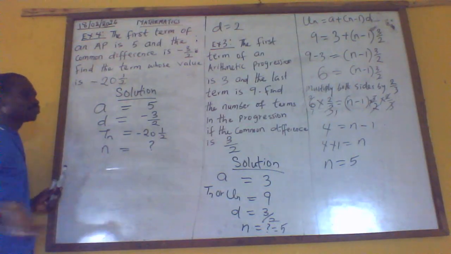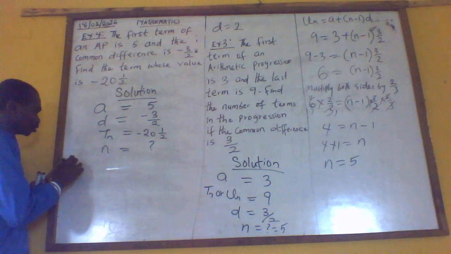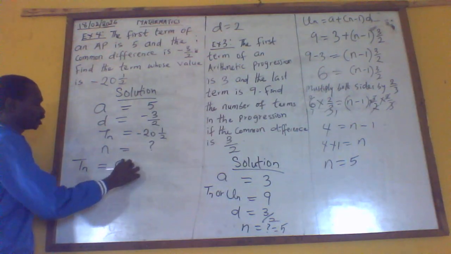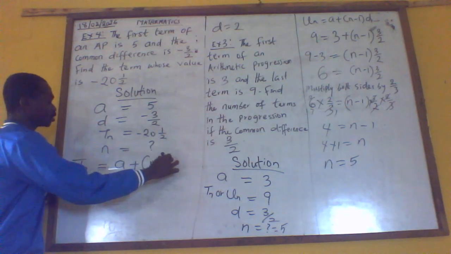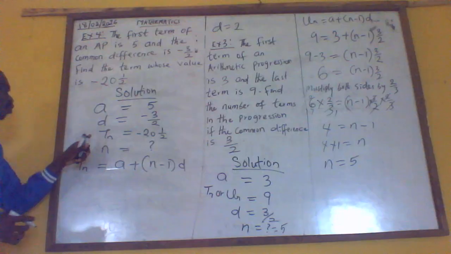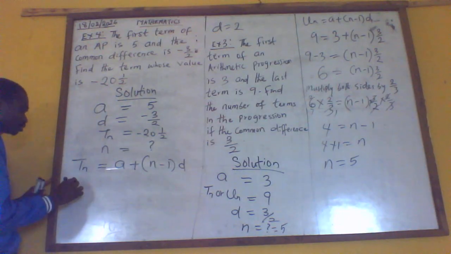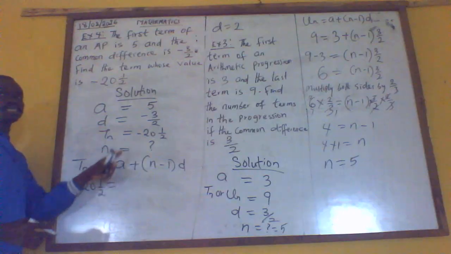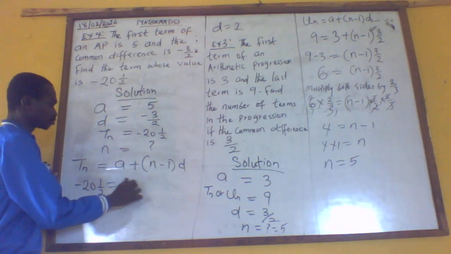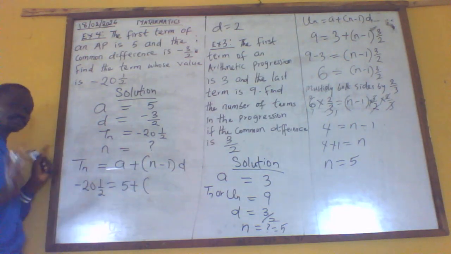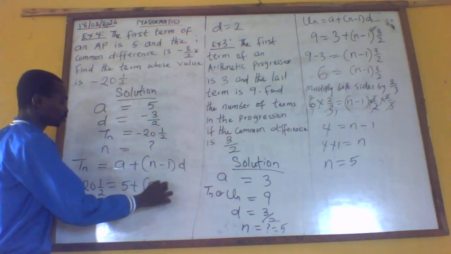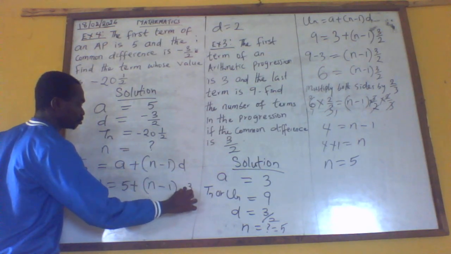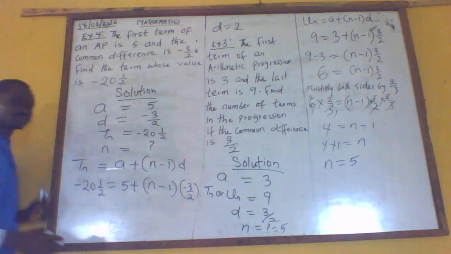So this is a cheap question. You know that Tn is given as a plus (n minus 1) d. The value of our Tn is minus 20 and a half. The first term is 5, the number of terms is unknown, and the common difference is minus 3 over 2.